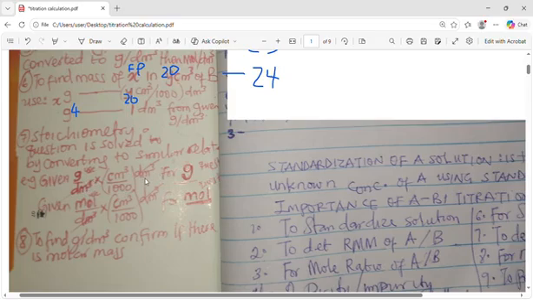And if it is in a base, the pipetted substance, to find the gram in the pipetted, take the grams per dm³ of that base times the pipetted volume, means times 25, over 1000.